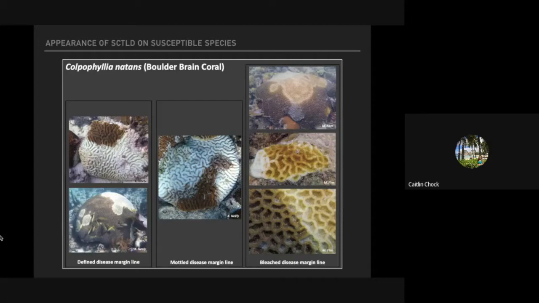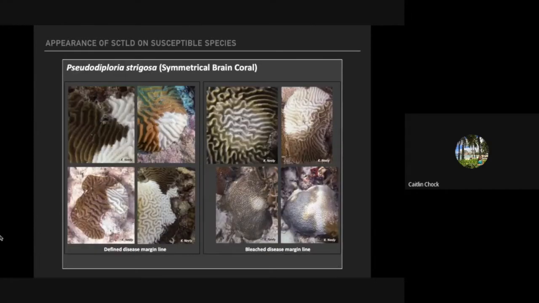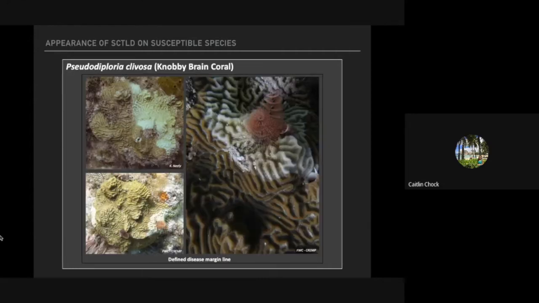And CNAT, our PSTR, and our PCLI. So on the bottom left, you can see that it has different lesions coming from each side.